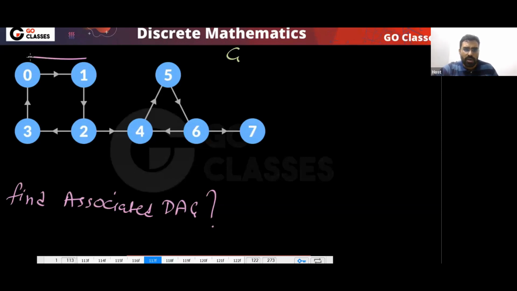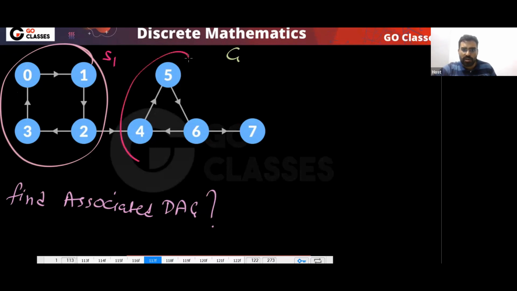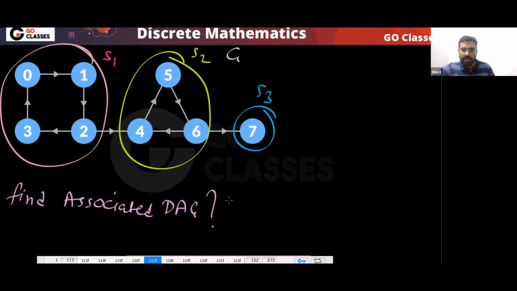This is a strongly connected component, there is a cycle, so let's call it S1. This is also a strongly connected component, let's call it S2. And this is also a strongly connected component, let's call it S3.